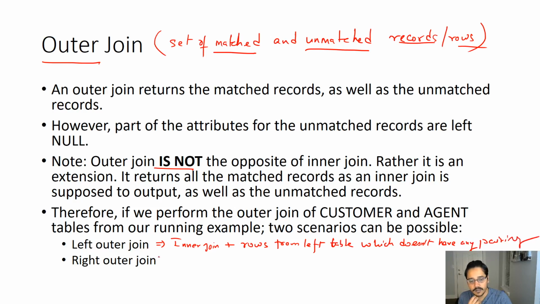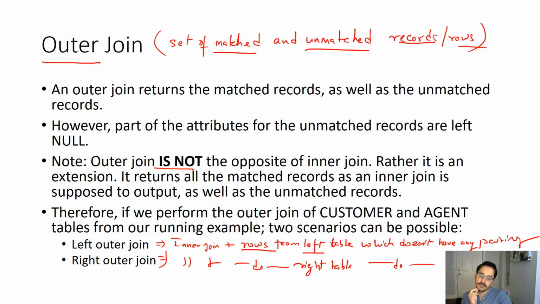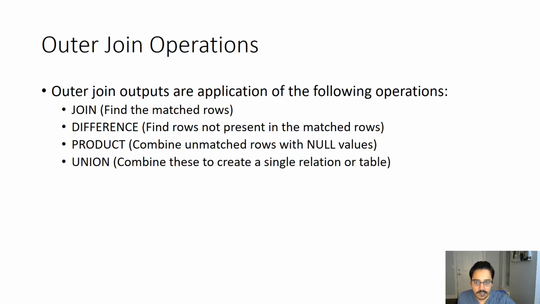Whereas right outer join will give again the inner join plus rows from the right table that do not have any pairing. The rest are similar. So that means if you do a full outer join, then you will have the inner join, then the rows from the left table that do not have any pairing, and then the rows from the right table that do not have any pairing. So that is basically the difference between inner and outer join.